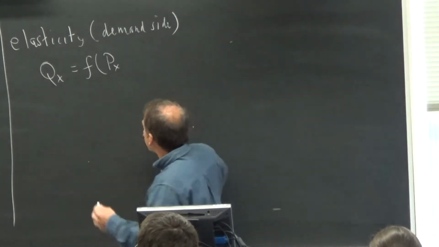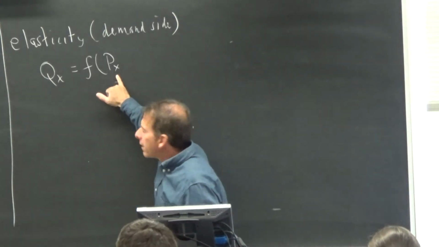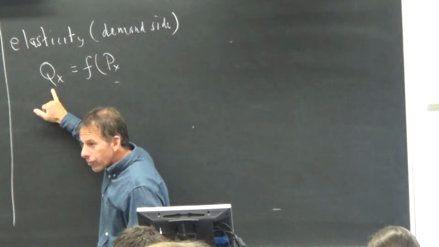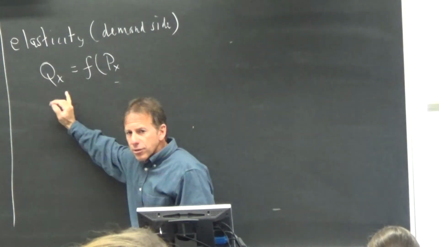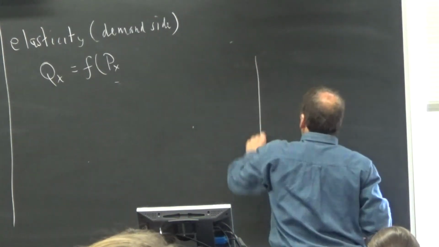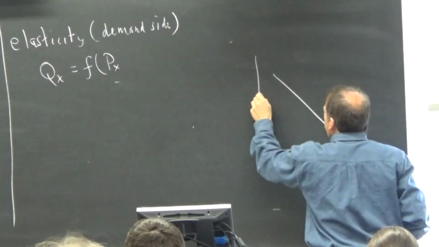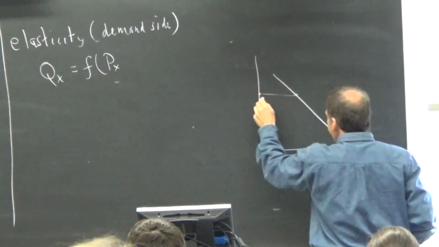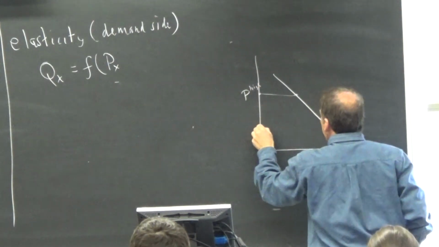That makes sense, and it should be a negative relationship, right? Because when the price goes up, the quantity demanded goes down, or when the price goes down, the quantity demanded goes up, so there's a negative relationship. And that's also shown by the shape of the demand curve, right? So we have prices here, and I'll call that high, and then prices are low.